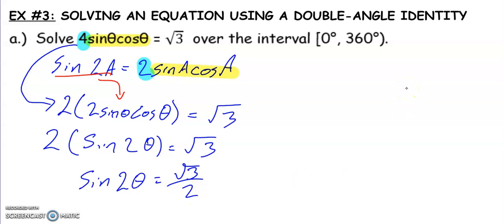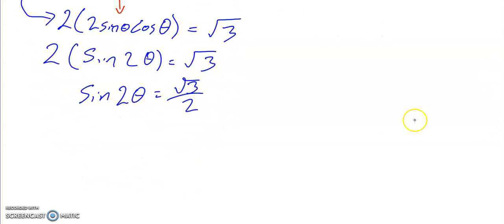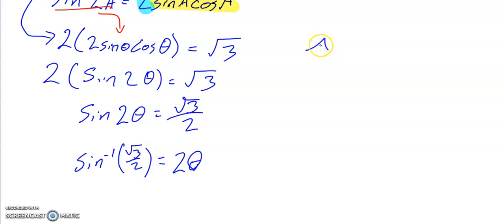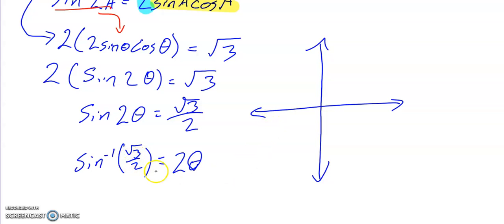So where does that happen? On my unit circle. So if we take the inverse sine of radical 3 over 2, that's going to give me 2 theta. Please notice again, I'm finding 2 theta just like I did in a previous video. So if we look at our unit circle, where does radical 3 over 2 happen for sine?